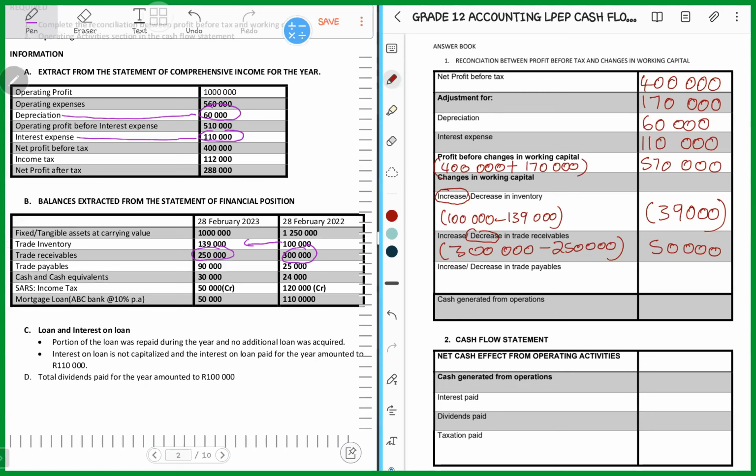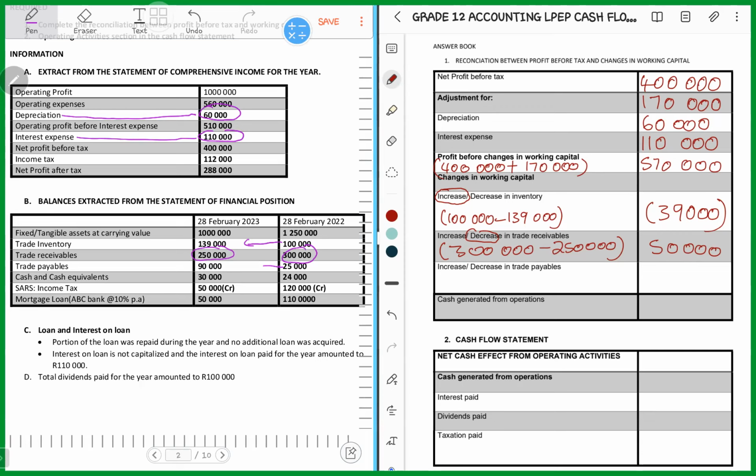Then next up, we have to show the changes in our trade payables. Again, we're going to find this information from the statement of financial position. Now, if you check here, the trade payables from the previous year was 25,000. It's currently 90,000, meaning that there is an increase.